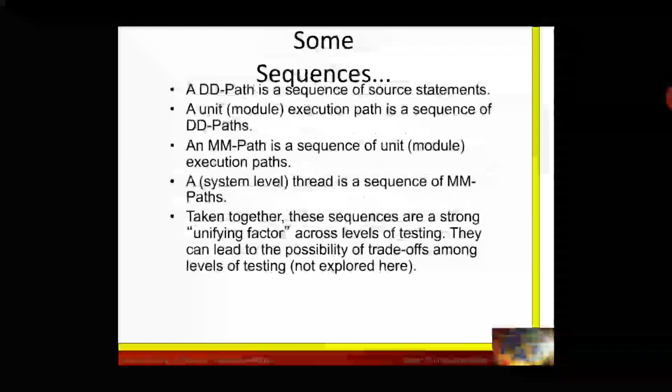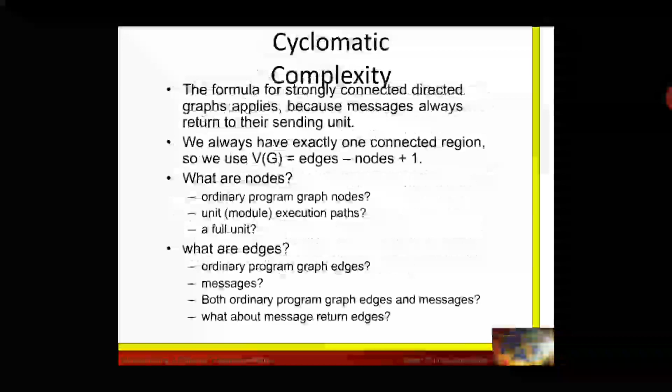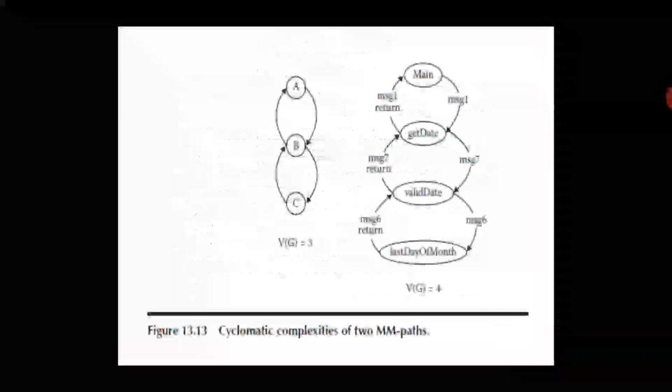A system thread is a sequence of MM paths. These are other important sequences. If you want to know the cyclomatic complexity also, you can check here. No need to know about cyclomatic complexity regarding MM path. This will end your module 5.